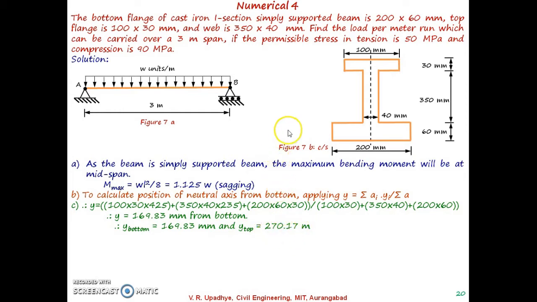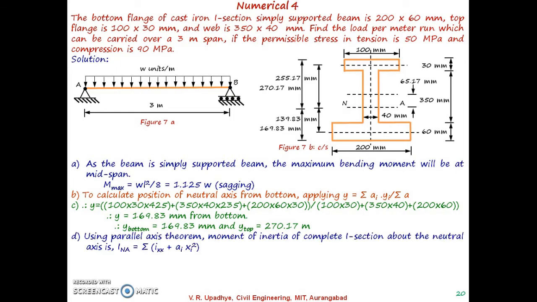That is the position of the neutral axis from the topmost position of the cross section. After calculating this neutral axis position, you can go for calculating the moment of inertia of the complete I section about the neutral axis.